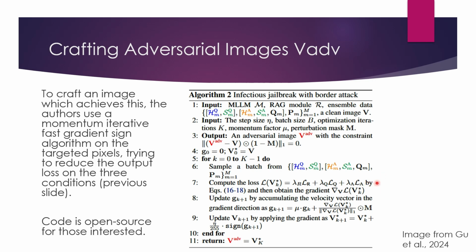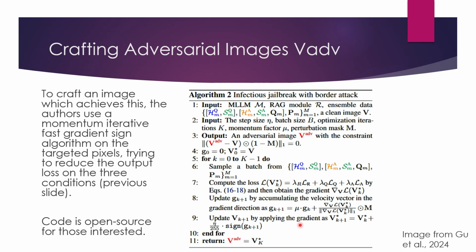You compute the loss of our 3 conditions from before on the image that you have, and then you update the image based on the gradient of that loss to try and minimize the loss as quickly as possible. It's classic gradient descent.